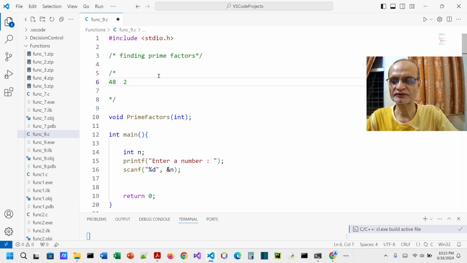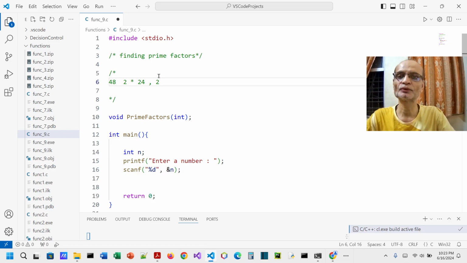If I divide 48 by 2, then what I get is 2 into 24. That means 2 was able to divide 48. Now what remains is 24. Now to 24 I am going to check again from 2 onwards.